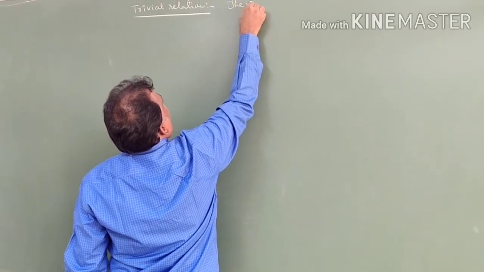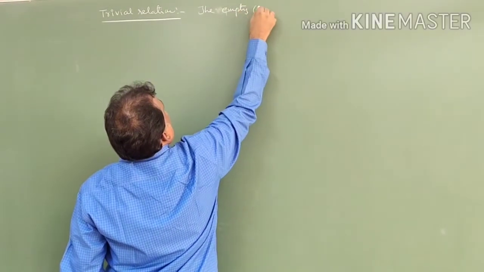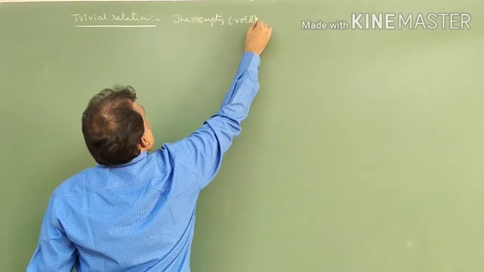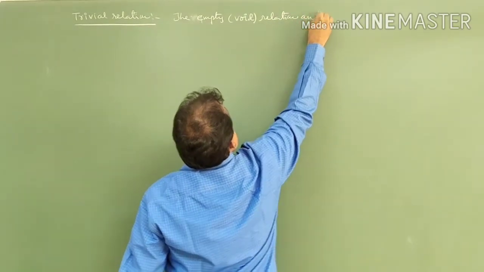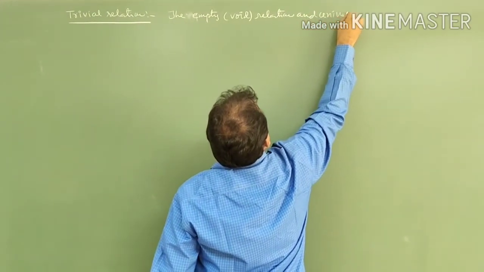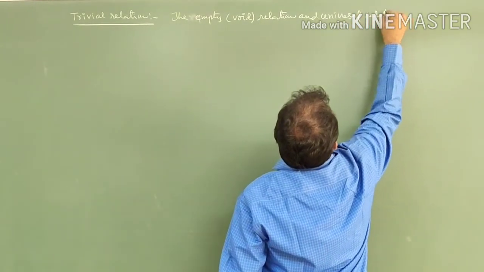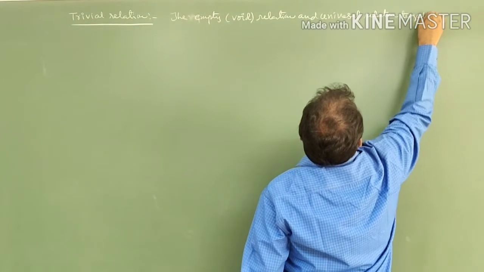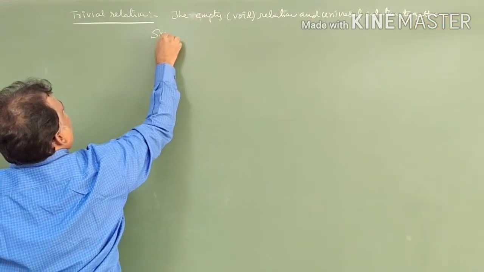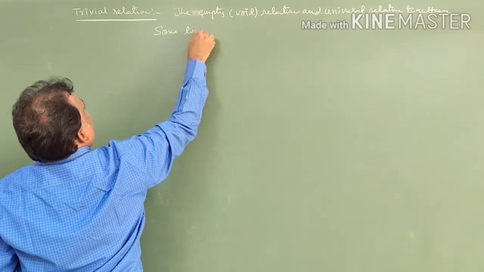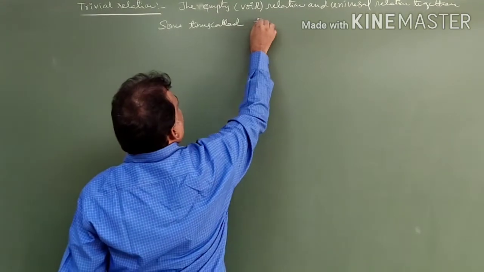The empty or void relation and universal relation together are sometimes called a trivial relation.